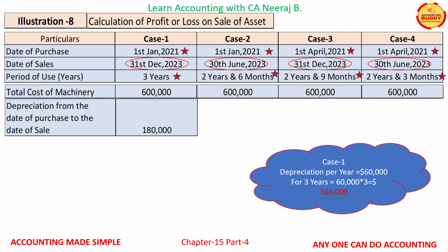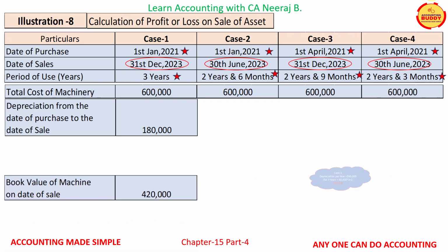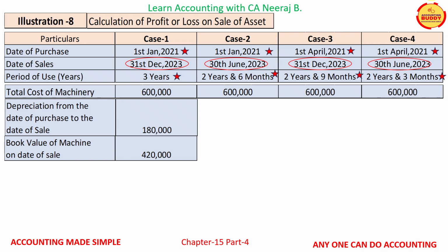Now if we deduct the accumulated depreciation of $180,000 from the original total machine cost of $600,000, we will get the book value of $420,000 on the date of sale.